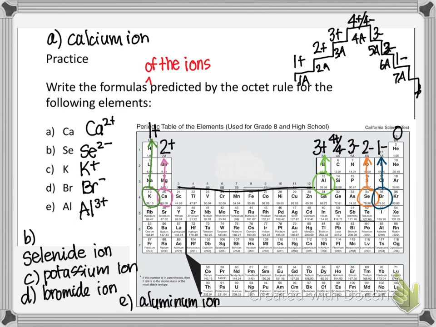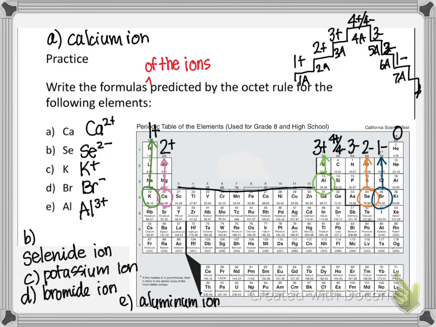So what you're trying to do is predict charges. We're going to need to know what charges the representative elements form, for things we're doing with bonding. And we don't have to memorize all the ions. What we're going to learn is the pattern that the periodic table predicts.